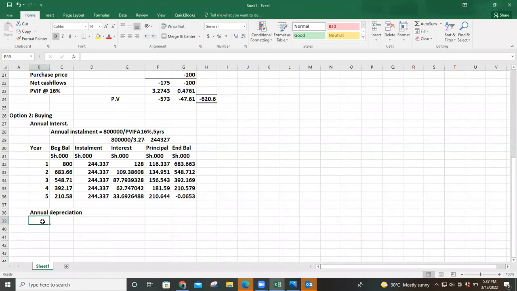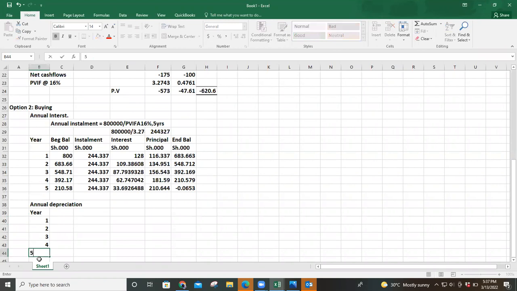For depreciation, I have year 1, year 2, year 3, year 4, and year 5.